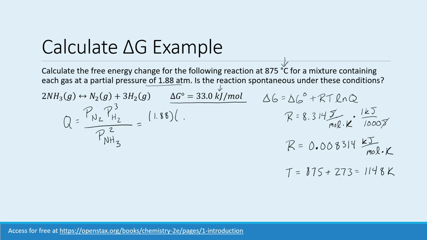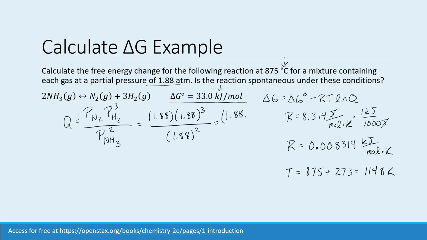And all of them are 1.88, so that makes it convenient. We're going to have 1.88 times 1.88 to the third, divided by 1.88 raised to the second power.